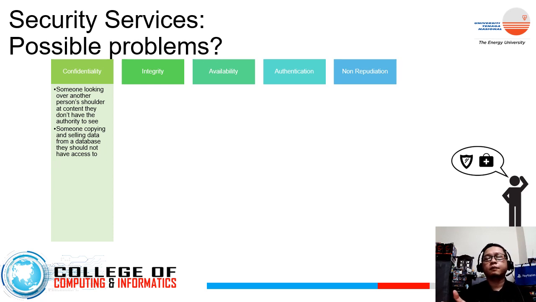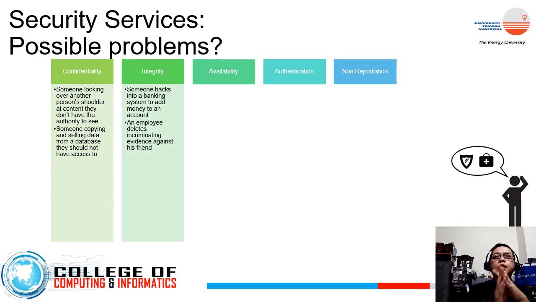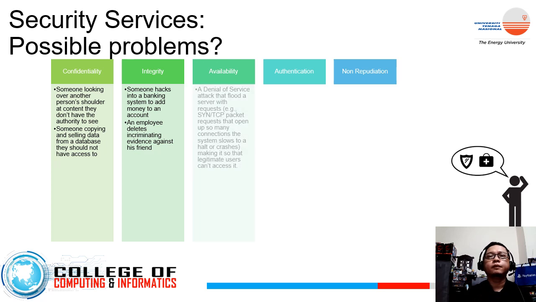So perhaps you have data leaks, or someone copying. These are just examples of confidentiality problems. And then integrity. Someone hacks into a banking system to add money, or an employee deletes incriminating evidence. So you don't have integrity there if that could happen, but it is good for you to identify the type of problem under which pillar.